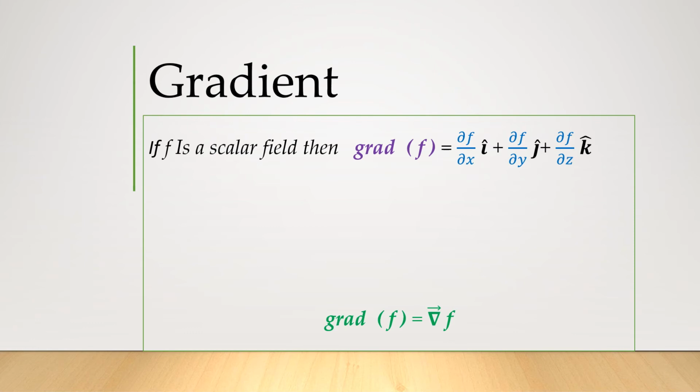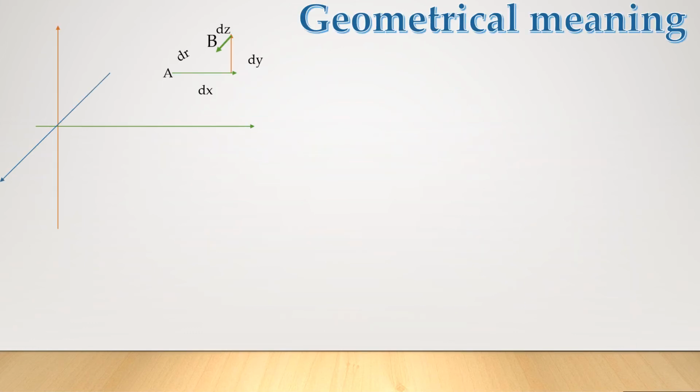Now I want to give a geometrical meaning. That means, if you say point P and here is the gradient, what is the meaning of that vector? How do we relate it to the variation of the field, the change in the field, when I move by a small distance?